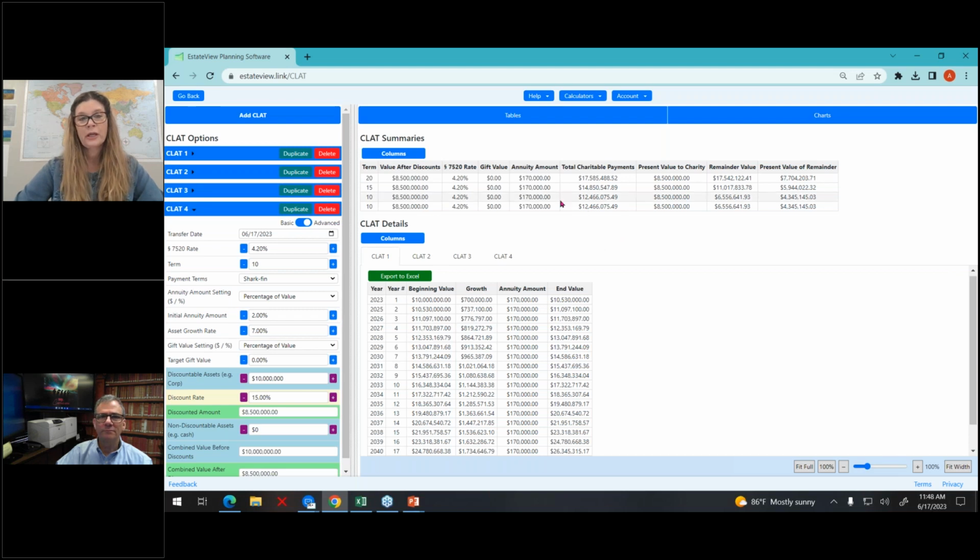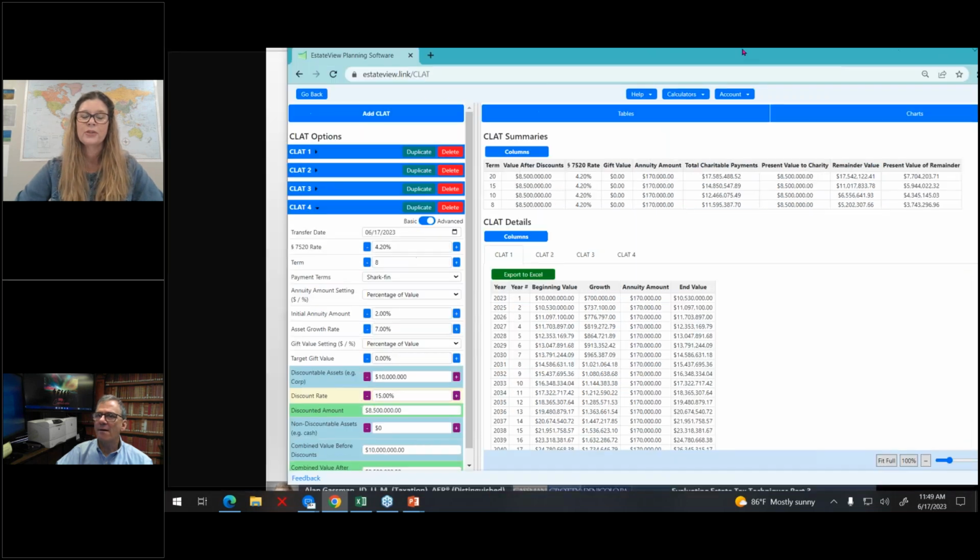But another planning technique, if your client has a large IRA and does a clat and gets a big income tax deduction in 1 year, is, if they don't have a lot of income, to convert their IRA or a portion of it to Roth to offset. So you get a tax-free conversion, and then the Roth part will grow tax-free.